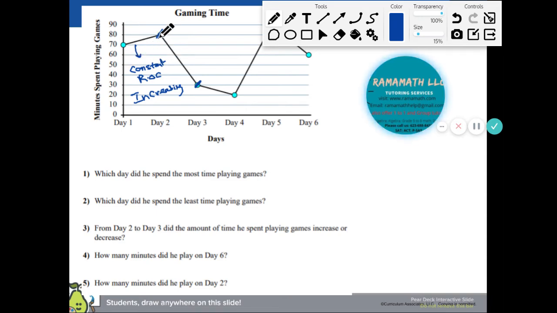If I see from 70 or 80 meters going down to 20 meters like that, it's decreasing. It's basically you're going back home. So this is decreasing, and this is also decreasing. And this one, what do you guys think of this piece? Is it increase or decrease?